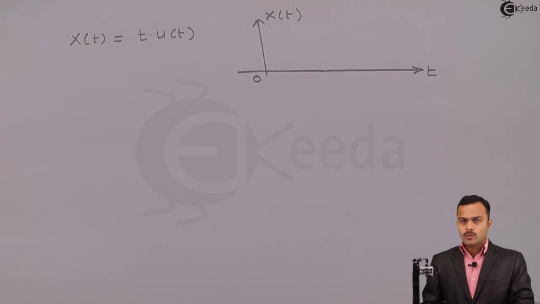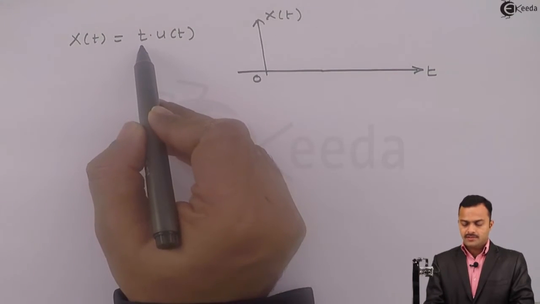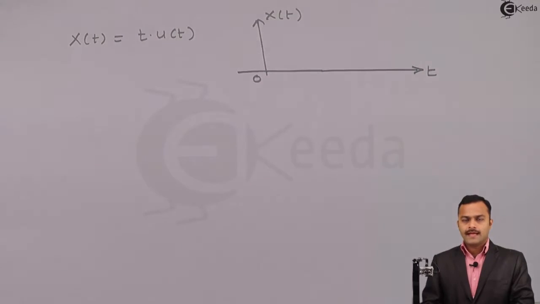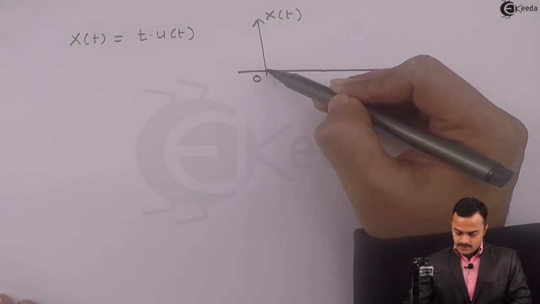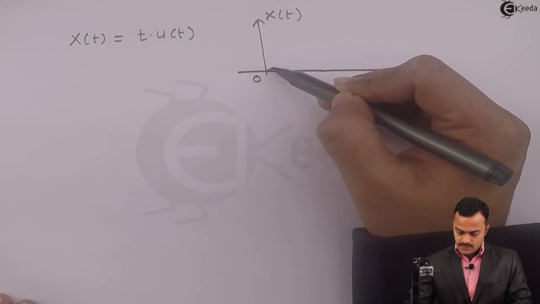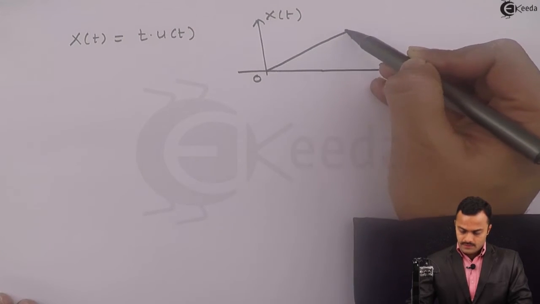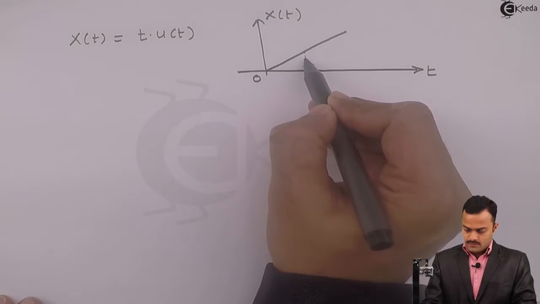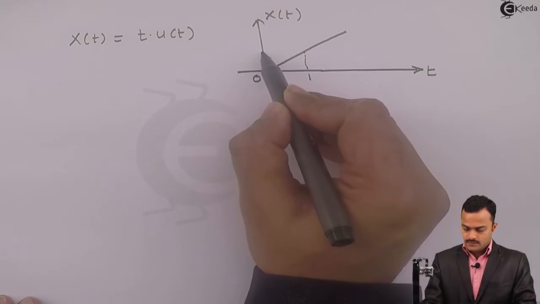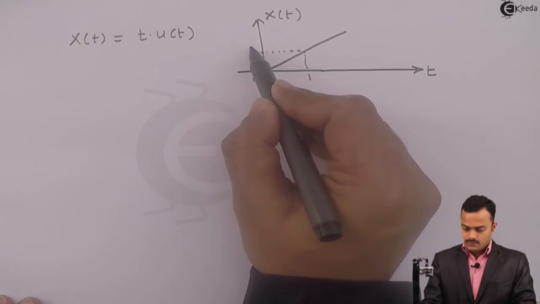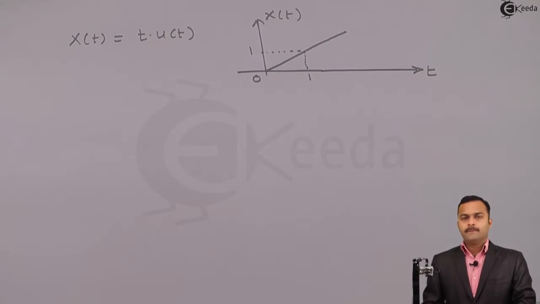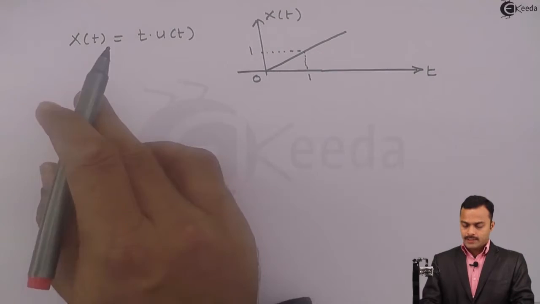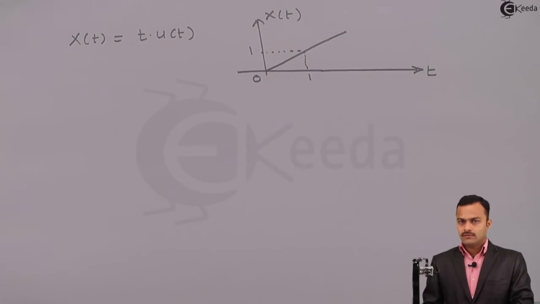For t equal to 1, the signal will have the value 1. Likewise, for t equal to 2, it is 2 and so on. Meaning, if you plot the signal, it will be like this. For t equal to 1, it will have the value 1. Basically, the magnitude of this signal is 1.